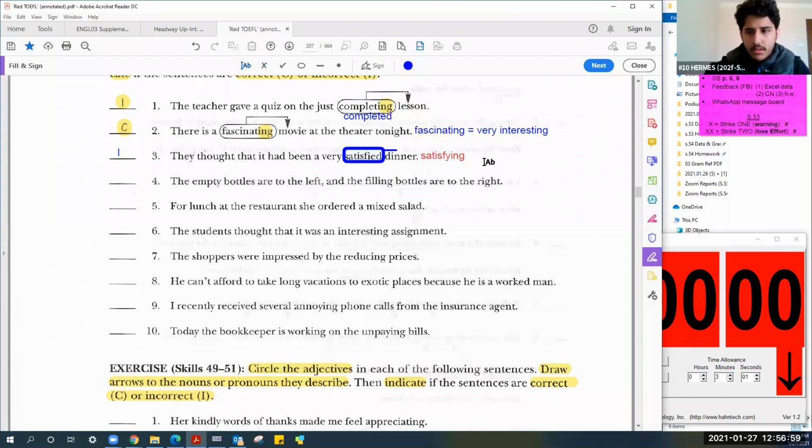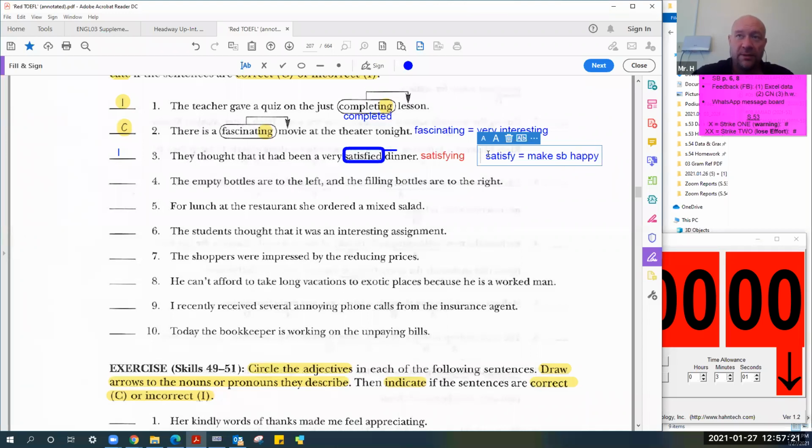Pleased? Make somebody happy. Yes, that's what it means. So the dinner makes you happy. Understand? All right, Hussein, how about number 4?